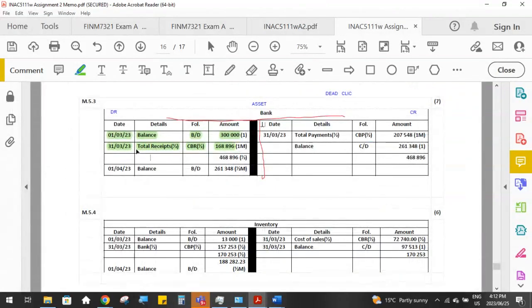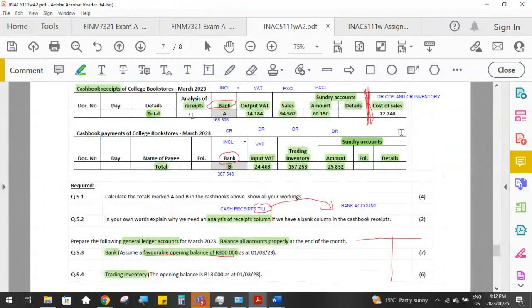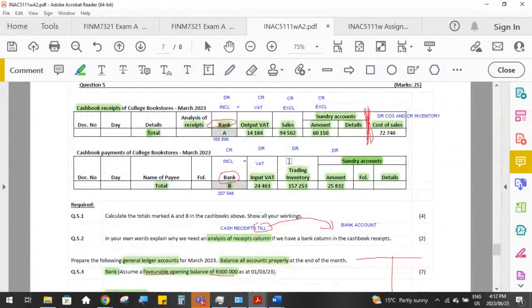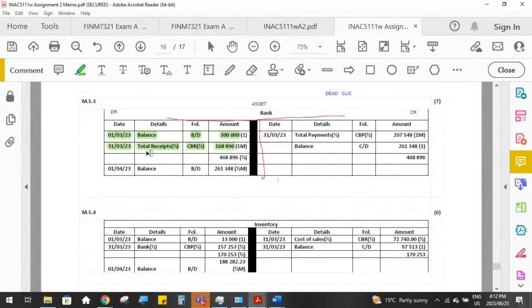And the reason that we can't put the name of the general ledger account getting the credit is because this is coming from a total of my entire cash book receipts, and the credits would have gone to output VAT, to sales, and to various different sundry accounts. And we don't have space over here under details to write down all those different accounts that are credited in the cash book receipts. So the convention is that we just write the words total receipts.